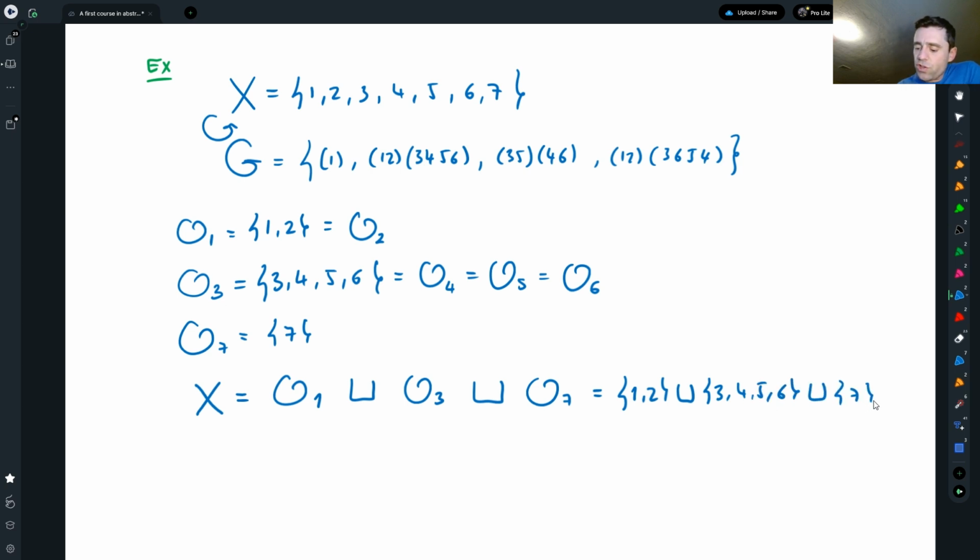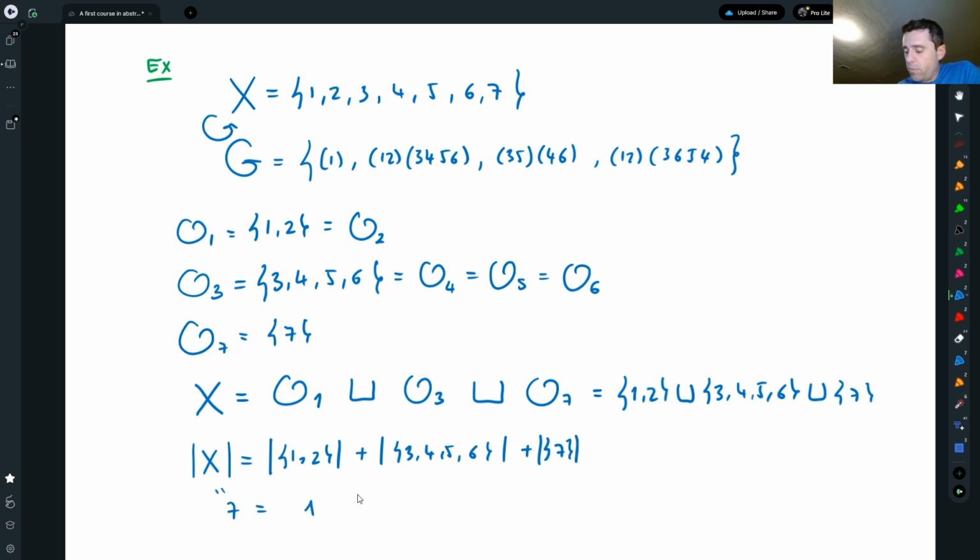The class equation tells me something about the sizes. The size of X will be the size of this orbit plus the size of this orbit plus the size of this orbit. So it says that 7 is, I'm sorry, there are two elements in here, 2 plus 4 plus 1.